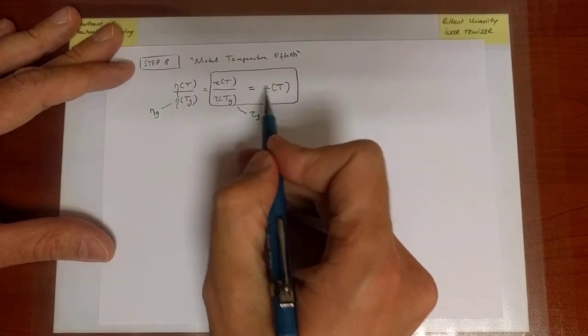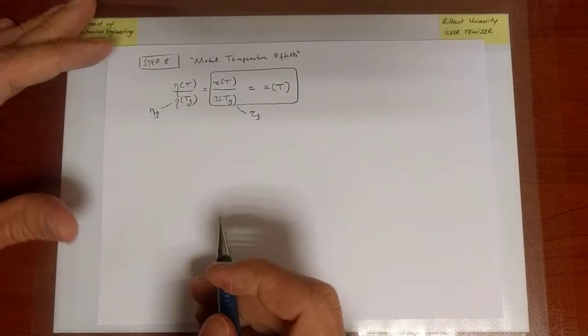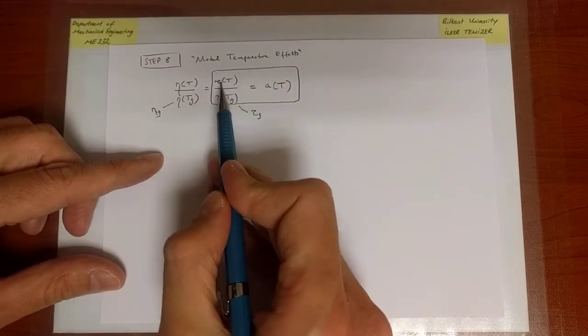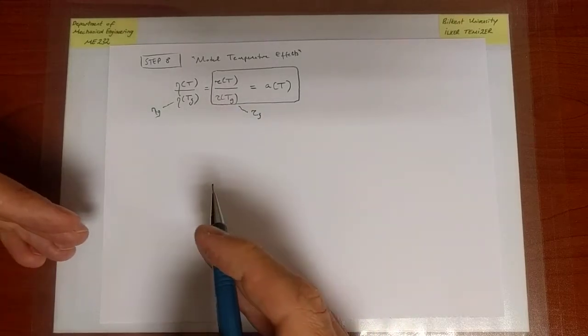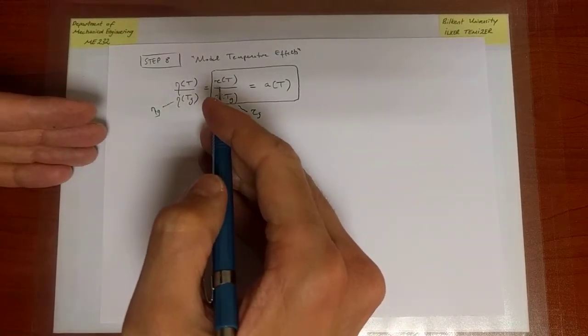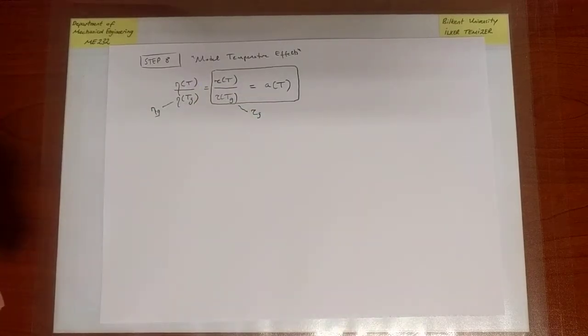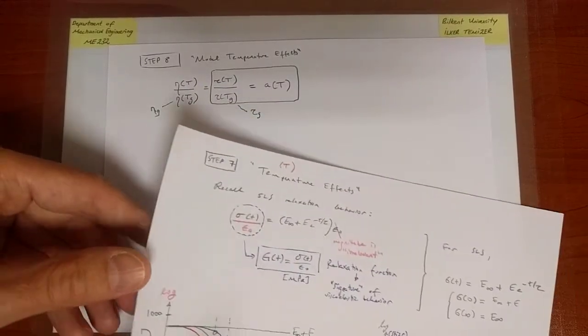Now I don't know what that function is, but I could characterize it. But what I'm characterizing, remember, is the influence of temperature on time. It is the relaxation time that I am monitoring. Now let me make a very vague discussion.